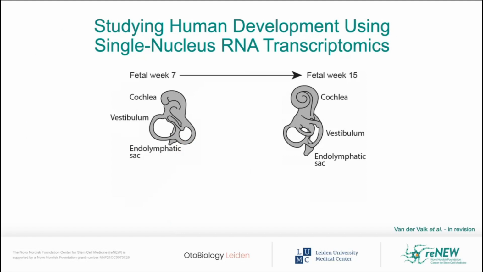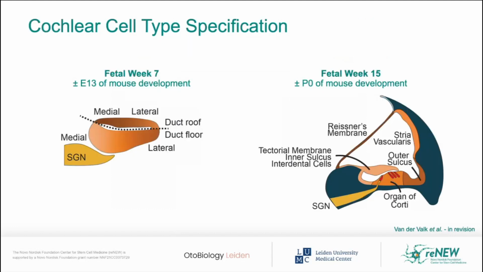To get a better understanding of how these power source cells arise, there's not much known in the literature about this. We generated a more extensive RNA transcriptomic atlas of the ears from early first trimester up to early second trimester, really looking into how these cell types develop.